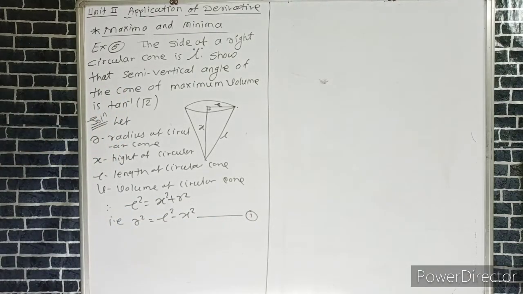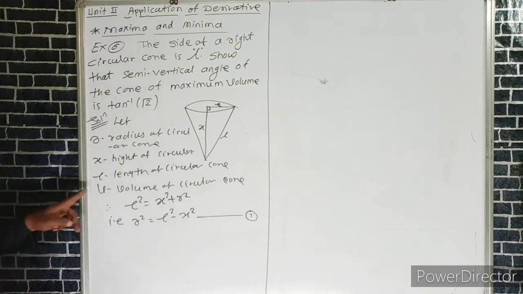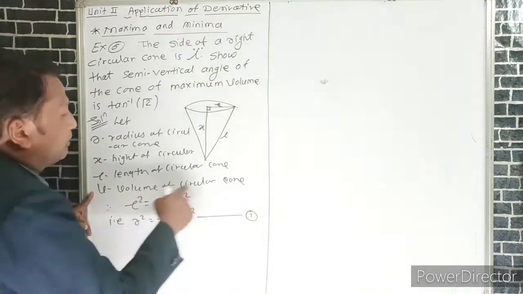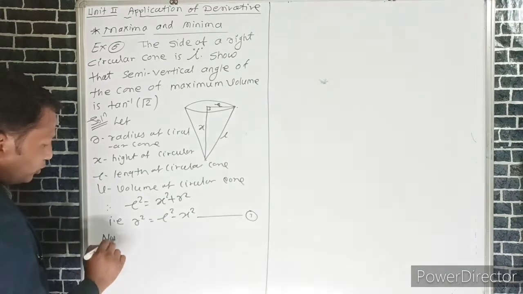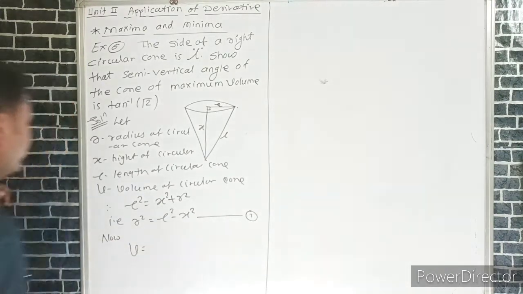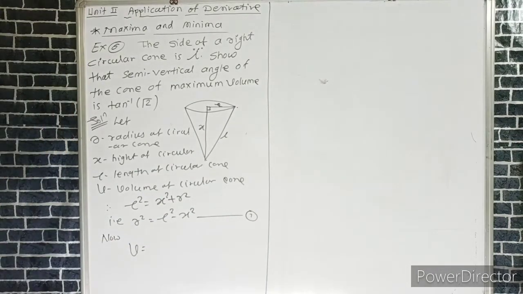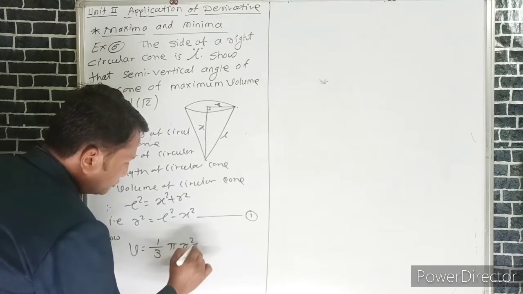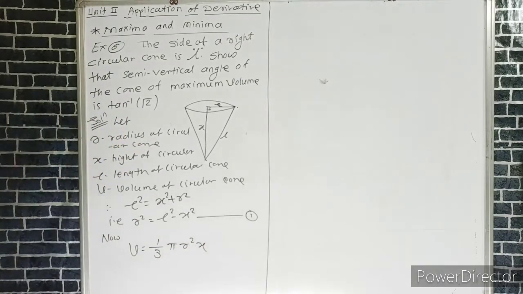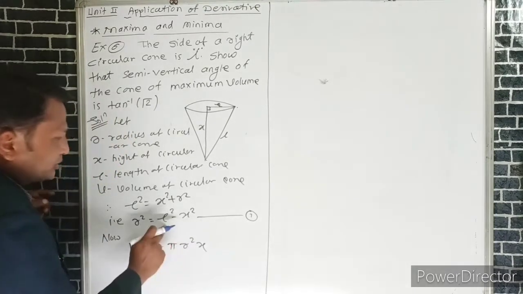So now, if V is the volume of the circular cone, we know that V is equal to 1 by 3 pi r square x. Now we substitute the value of r square as L square minus x square.